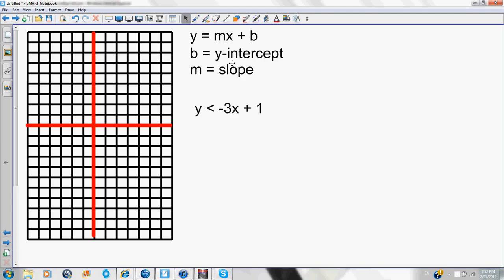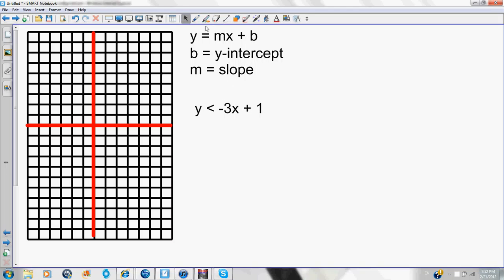And whenever you're looking for the y-intercept, you look for the number that follows the x. But it always has to be exactly in this format. If it's in any other order, it doesn't work. So you've got to make sure it's in this order. All right, so this one looks like that, y equals mx plus b. So that one works.